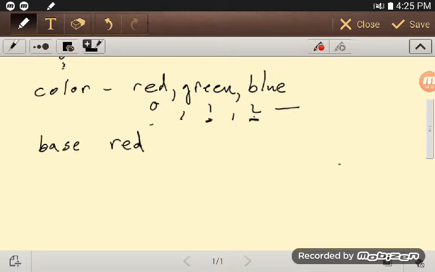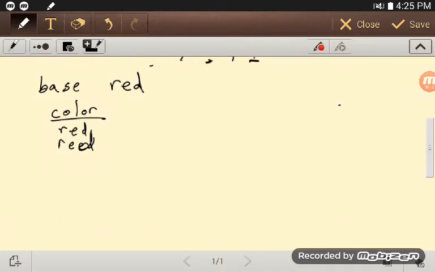Now suppose I have some data. Here's color, and this one was red, then we had another red, then maybe a blue and a green, and a red again and a green, and a blue and so forth.